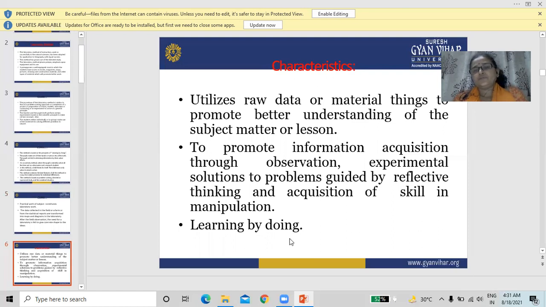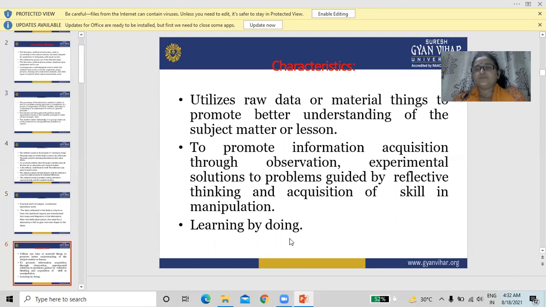To promote information acquisition through observation, experimentation, solution to problems guided by reflective thinking and acquisition of skill in manipulation.